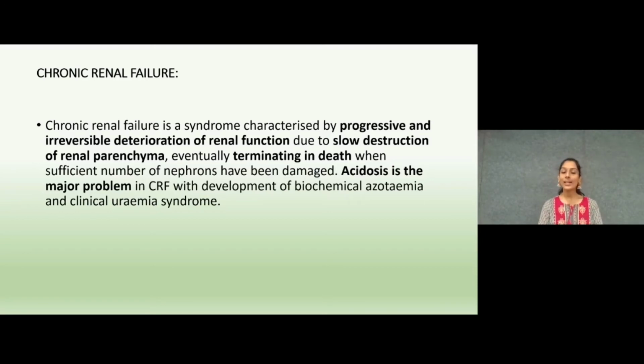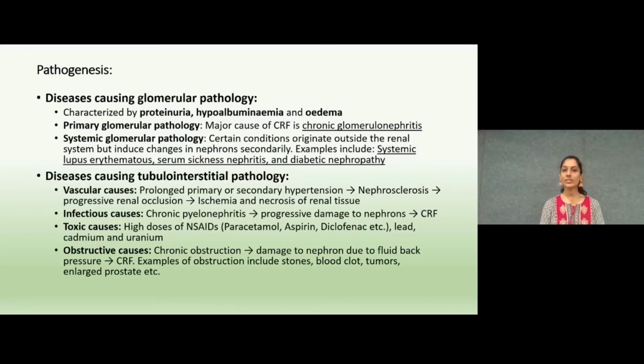So the main problem in chronic renal failure is acidosis, which leads to the development of biochemical azotemia and clinical uremia syndrome. The pathogenesis is disease causing glomerular pathology, characterized by proteinuria, hypoalbuminemia and edema.